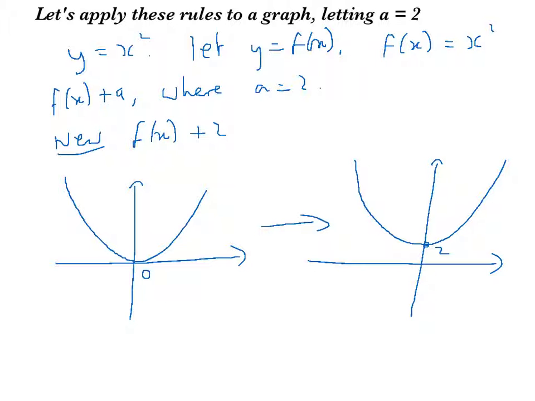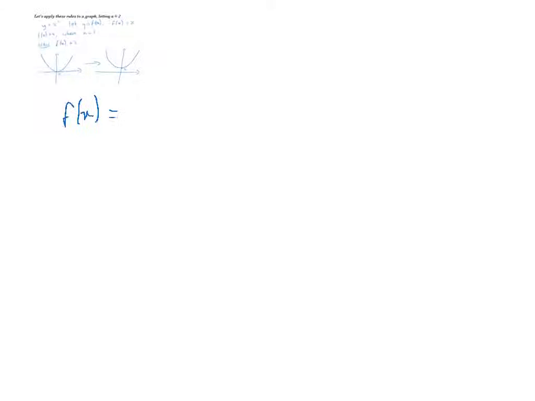Let's now try the second rule. So again, original f of x equals x squared. My new rule, we're going to have f of x minus a. So again, let a equal 2 from our example.